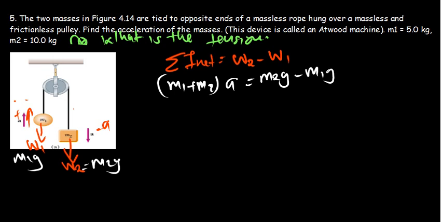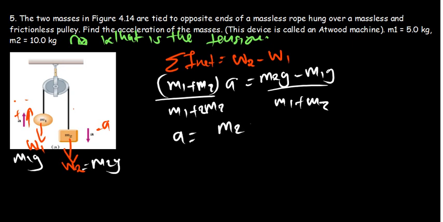Let's divide both sides by M1 plus M2. Then we are going to find that the acceleration is given by this formula: a equals M2 minus M1, times g, over M1 plus M2.